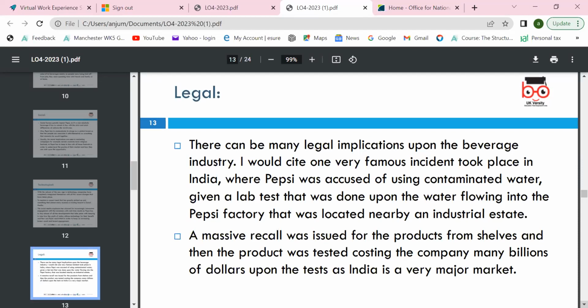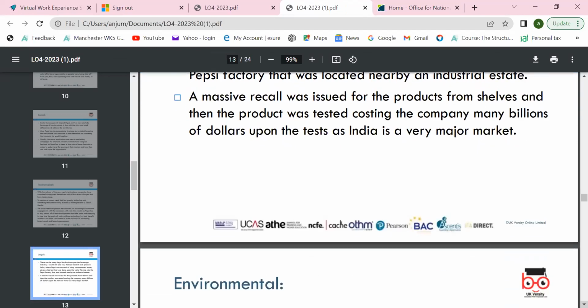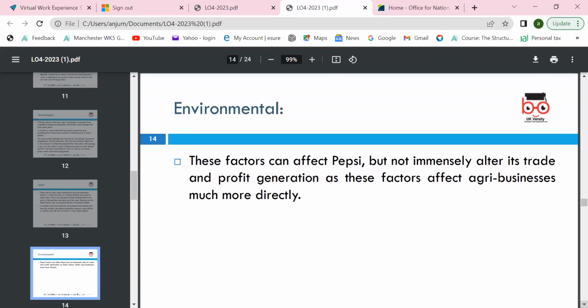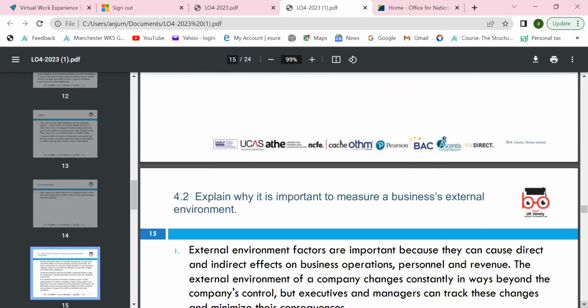A massive recall was issued, and products on the shelf were tested, costing the company $1 million for tests in India and other parts of the world as well. Environmental factors affect them, but do not immensely alter their trade and profit generation. The factor affects agribusiness more directly.